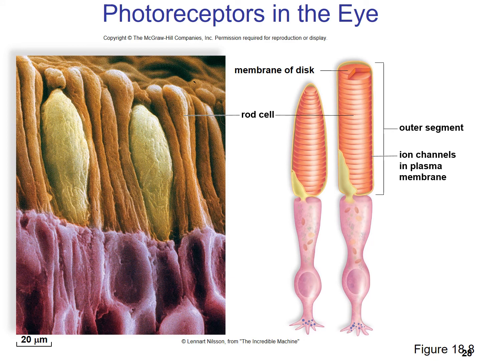And so basically, these ion channels are responsive to the presence of light, and when they let sodium in, they're going to start communicating an action potential to the inner segment here. And it's the inner segment that's really going to send a nerve impulse to the optic nerve, and they would do so with those synaptic endings.